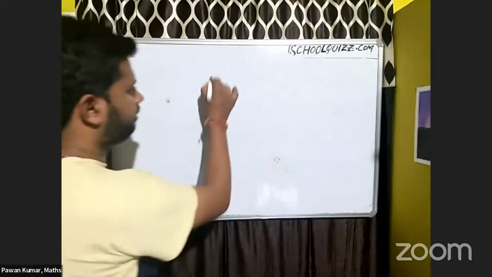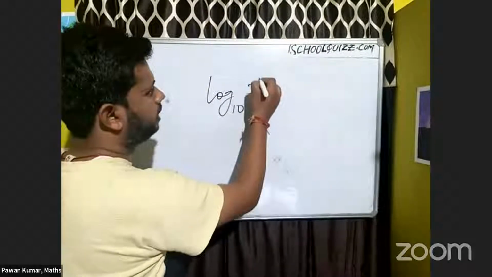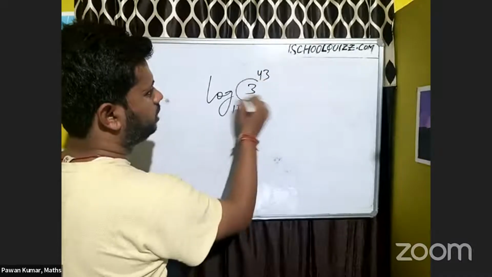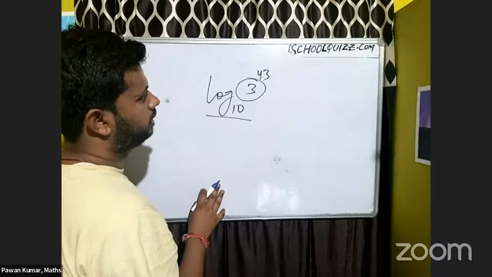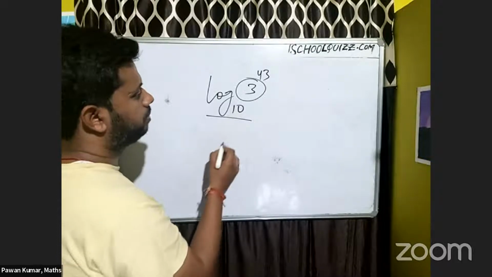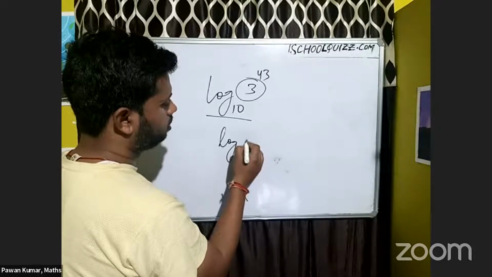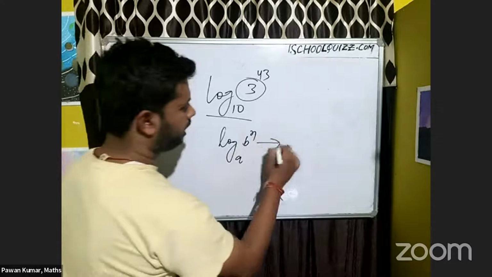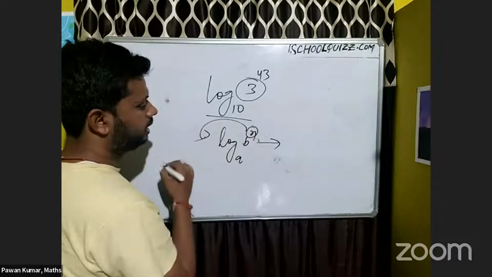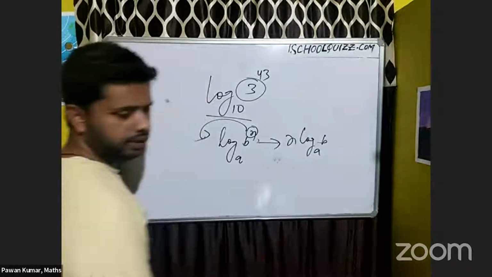So what they have done simply, they applied the law that I am saying to find the 3 to the power 43. एक्सपोनेंट्स में जैसे अगर मुझे चाहिए बेस की पावर 43 है, 3 to the power 43, so a to the power n है, log of base a, suppose you are getting b to the power n is there. That formula is what? This n will be multiplied this side, so n of log of base a of b.